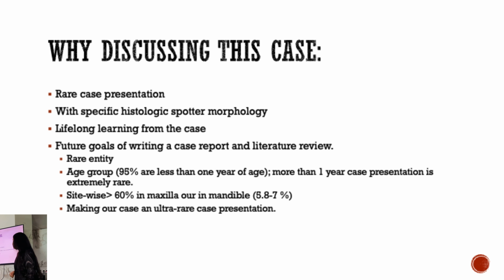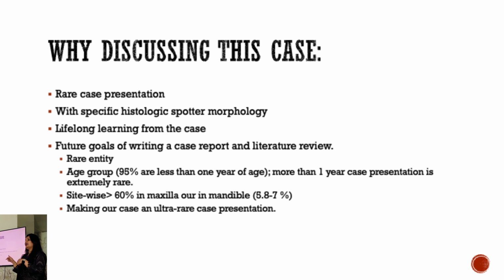So probably the last slide, obviously, is why we're discussing this case here. As Dr. Sarah told before, it's a very rare case, and we have a spotted histologic morphology here, so it's worth mentioning to everyone. If they have seen it once, whenever they see it again, they won't take any time to identify it. What are our future goals regarding the case? We are preparing a case report and literature review on it.